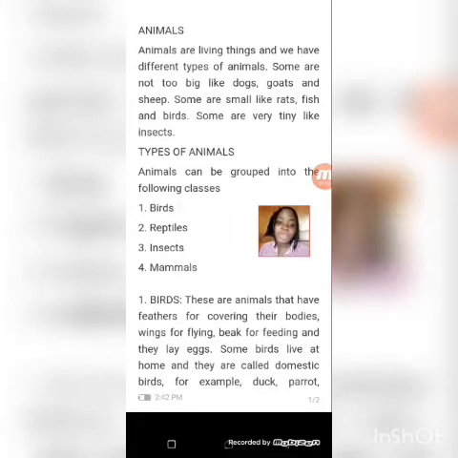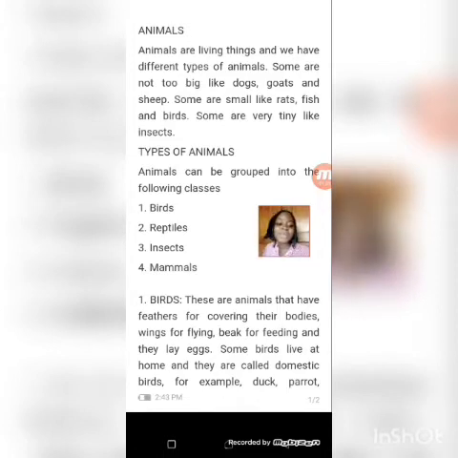Some are small, like rats, fish, and birds, those that fly in the sky. Some are very tiny, like insects, the small insects that walk around and carry food around.